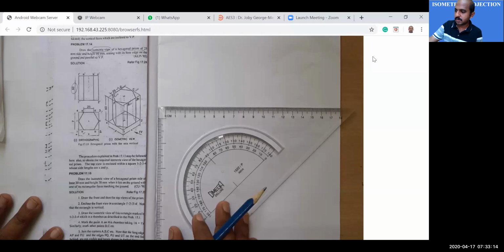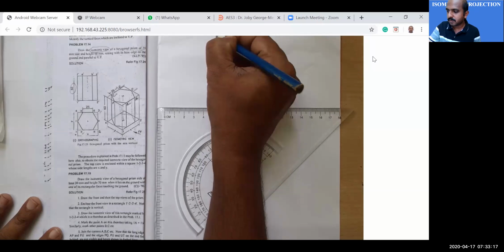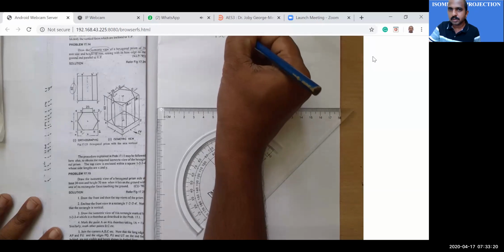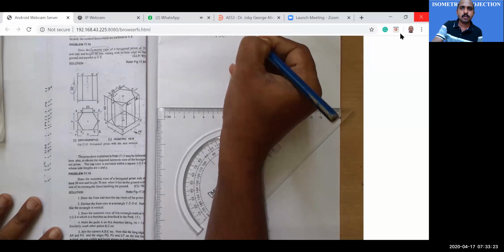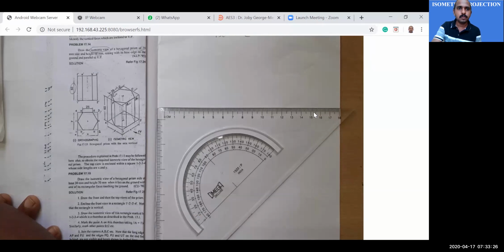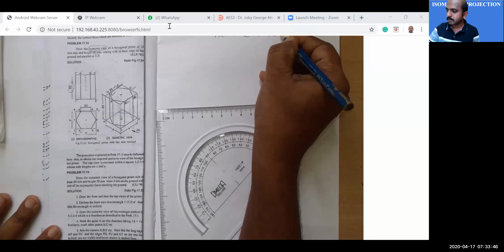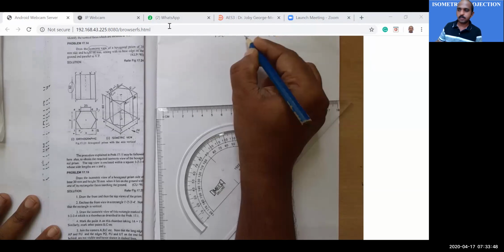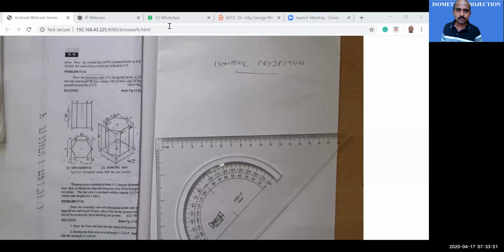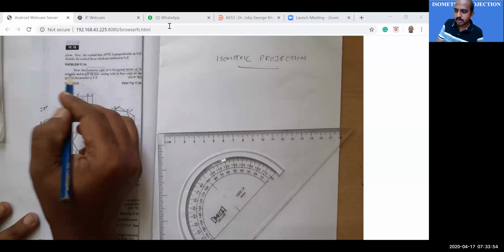So, the question remains the same. Draw the isometric projection.